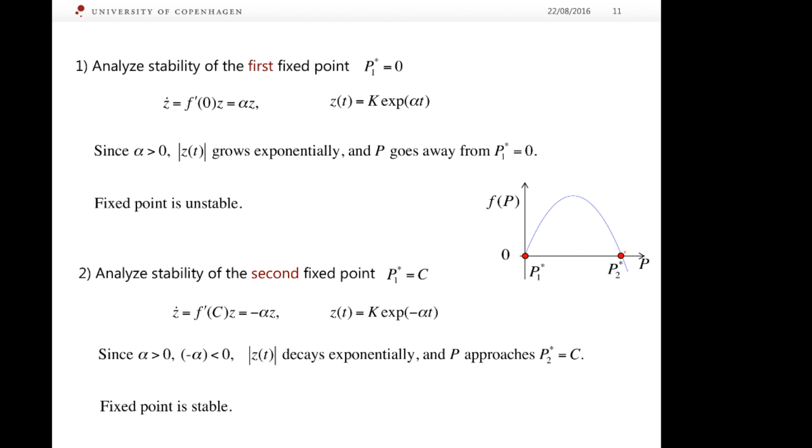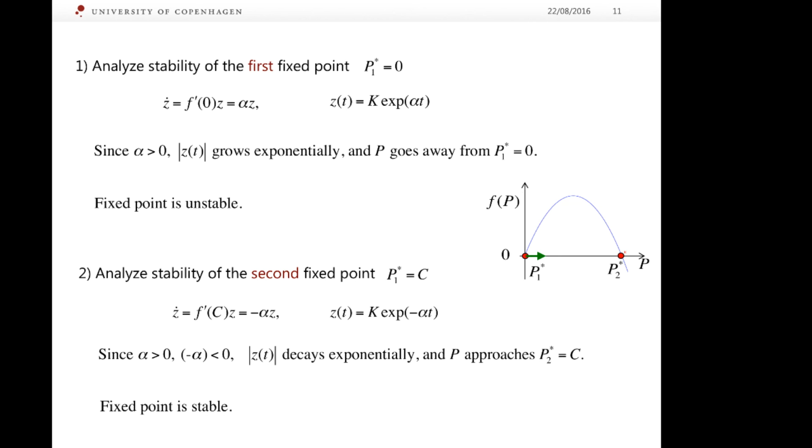We observe that when the tangent line has the slope which is positive, which happens at the 0 fixed point, such a fixed point is unstable, which means that if we set initial conditions slightly away from the fixed point, which in our example is slightly to the right of 0, we are carried away from the fixed point, and the state P goes away from the fixed point as time goes by.